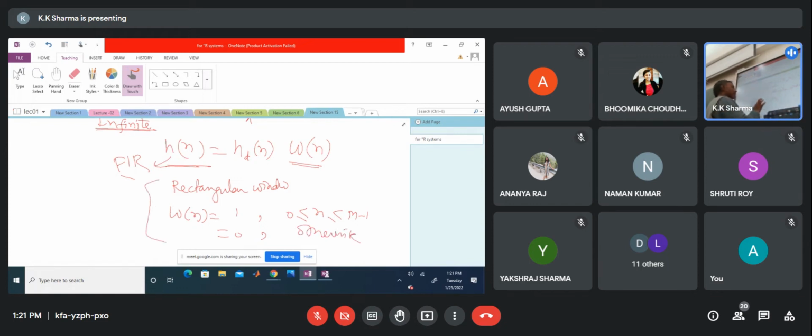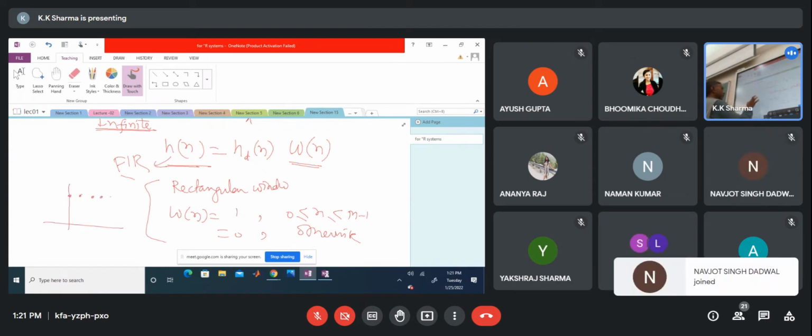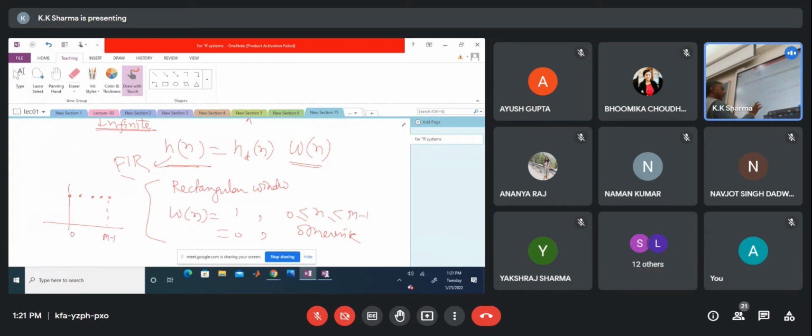So essentially you are taking a window of this kind. It is 1 from 0 to M minus 1 and otherwise it is 0. So this will make this infinite duration impulse response finite, and now h(n) is of finite duration. So this is essentially a truncation kind of thing.